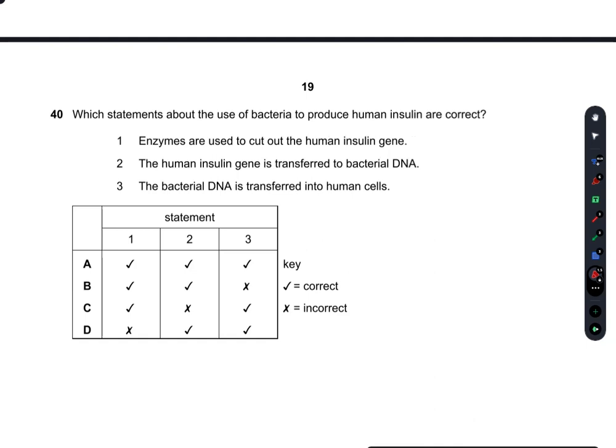Which statements about the use of bacteria to produce human insulin are correct? Enzymes are used to cut out the human insulin gene. Yes, they are. The endonuclease enzymes are used to do this. The human insulin gene is transferred to the bacterial DNA. Yes, it is combined with the plasmid, the tiny extra-chromosomal structures of the bacteria.